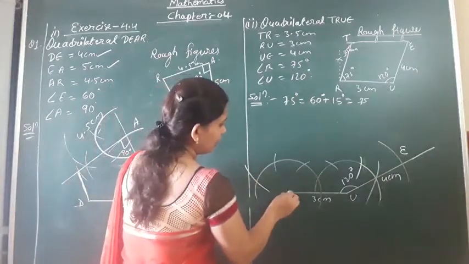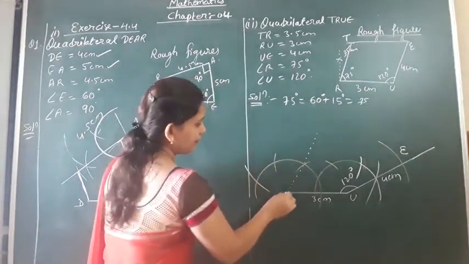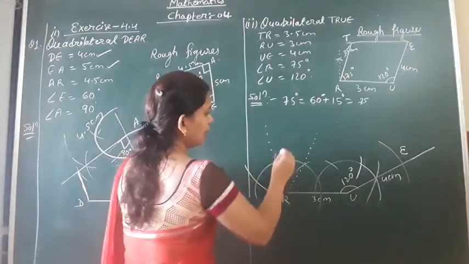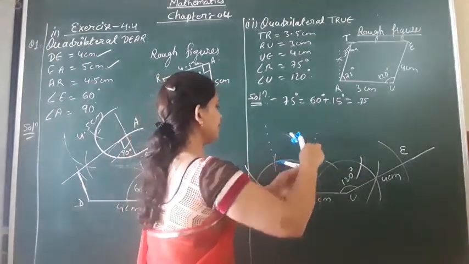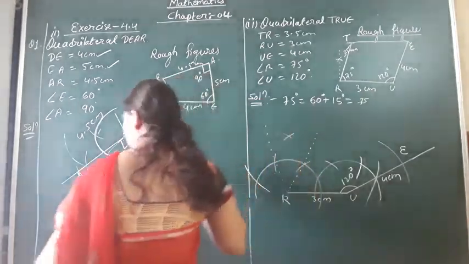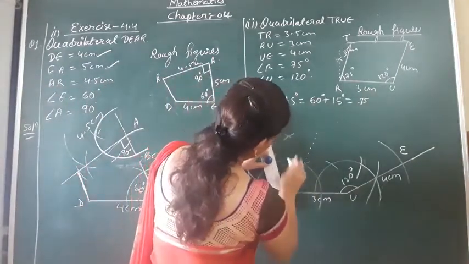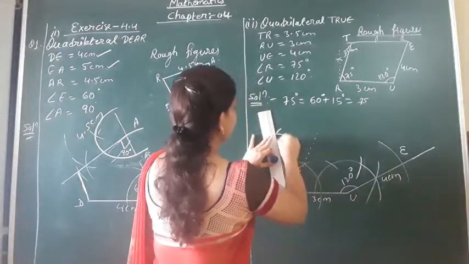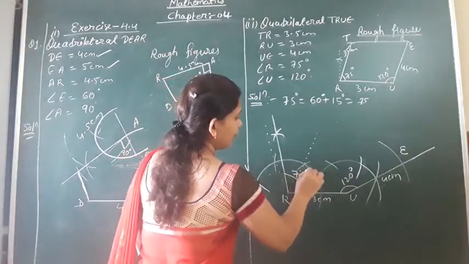Since here we are having the 60 degree, here we will get one angle. The bisector we are going to draw for it, taking any radius, and pass one line with the help of your scale like this. Clear? Now this angle shows that here we have drawn 75 degree.